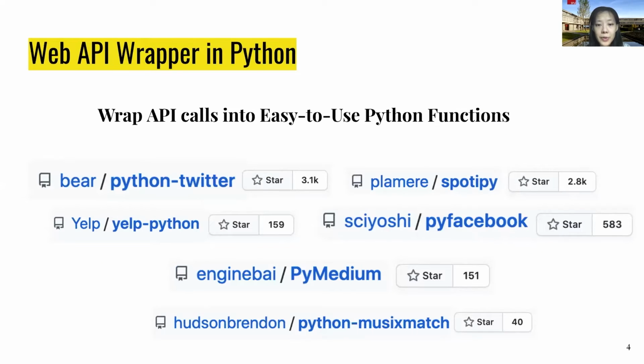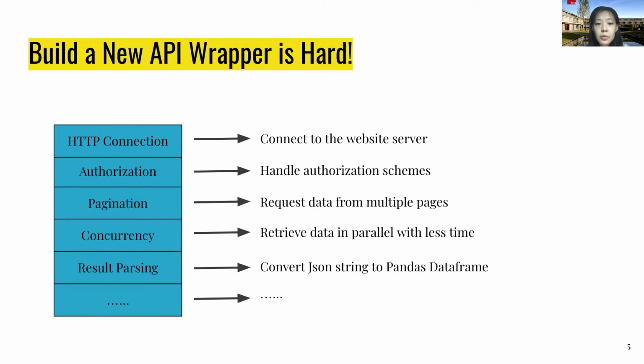Although of big value, accessing such data resources can require advanced programming skills. To facilitate individual users, there are many popular open-source API wrappers in GitHub. They basically wrap up complex API calls into easy-to-use Python functions. However, building such a wrapper is challenging. A functioning wrapper needs to tackle a few key components. First component would be to build the HTTP connection with the website server.